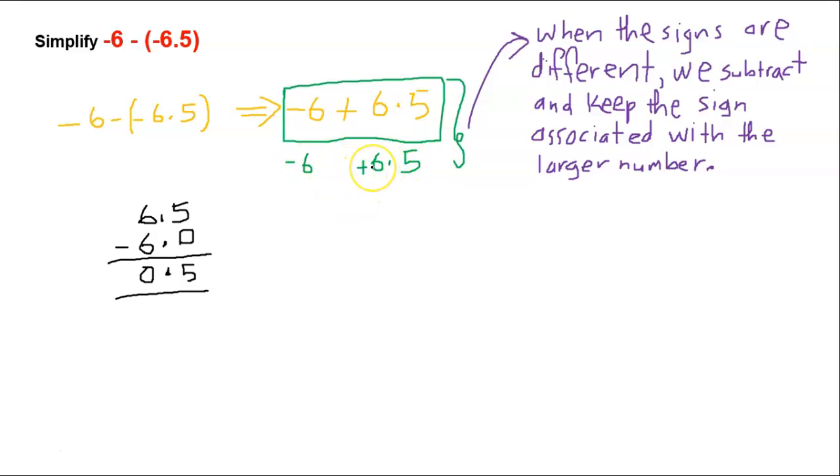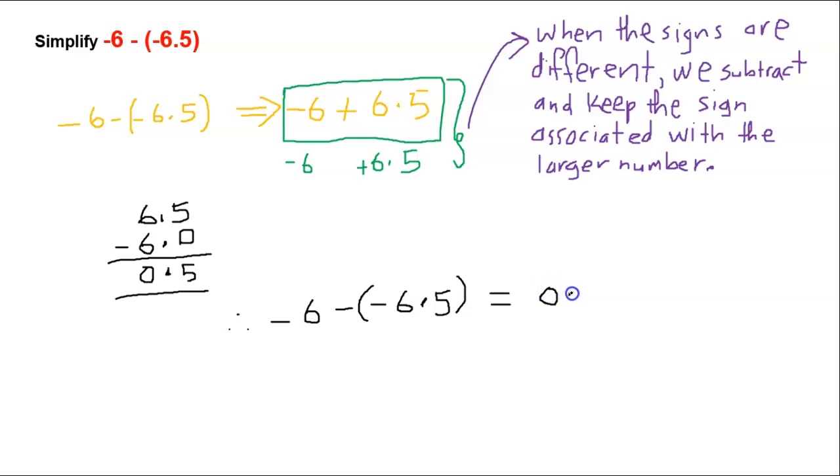Now we have to keep the sign of the larger number. The larger number is positive. So therefore negative 6 take away negative 6.5, I'm writing the expression in its original form, negative 6 minus negative 6.5 equals 0.5.